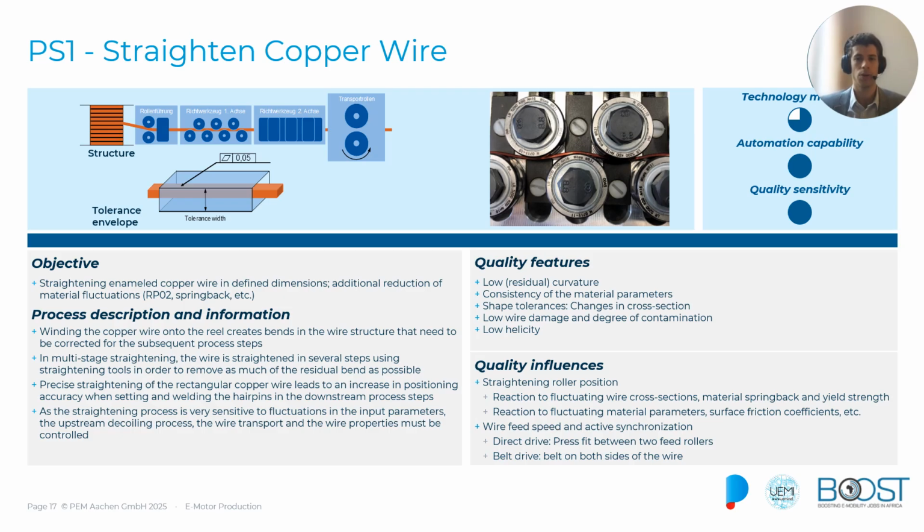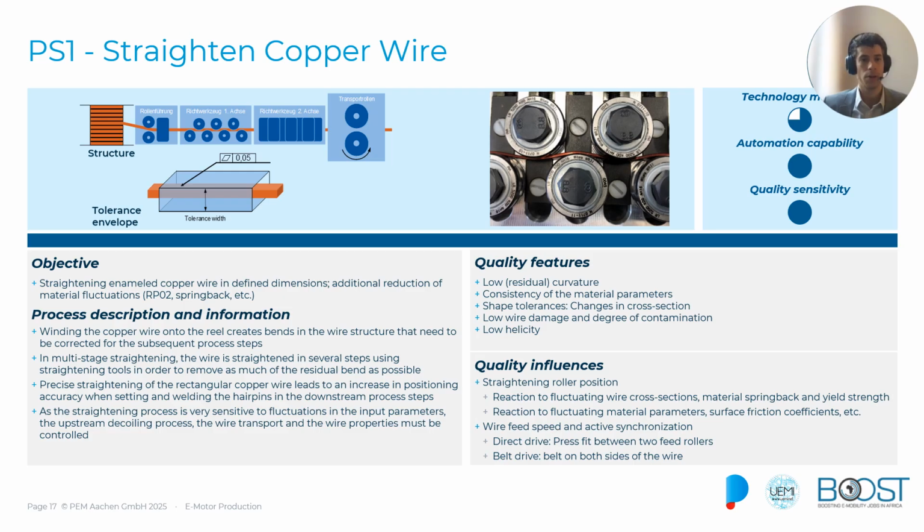This is done using a multi-step straightening process with special tools to make the wire as straight as possible, like shown in the picture. This is important because it improves the accuracy in later steps like setting and welding the hairpins.